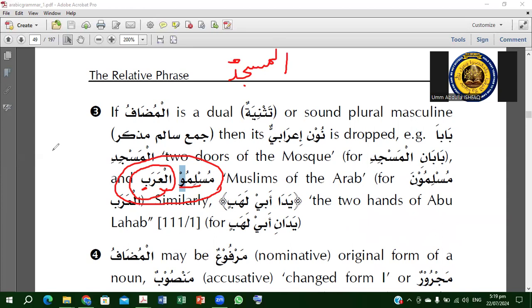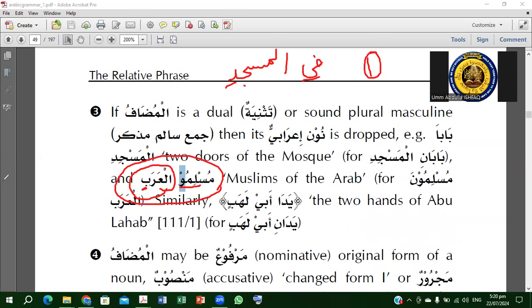But if it is al-masjidi in halat jar, maybe there is a harf jar before it, fil masjidi, in the mosque. Maybe there is a fi or any harf jar. This is one case, that a noun can be in halat jar because there will be a harf jar before it.